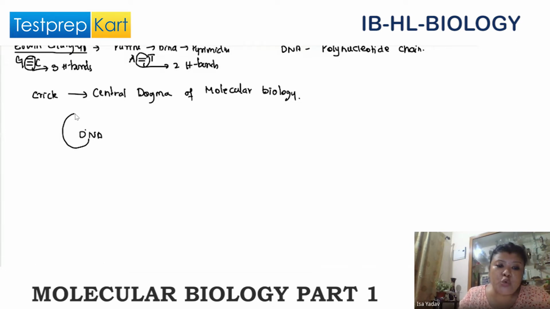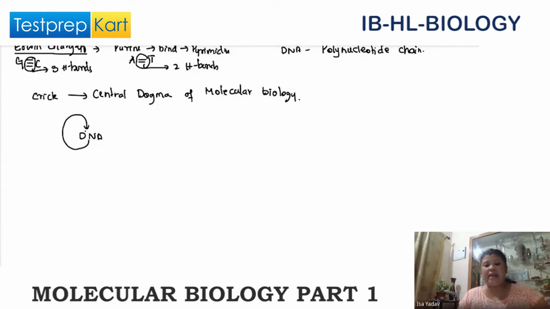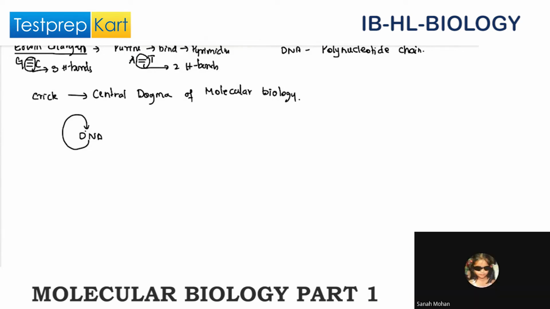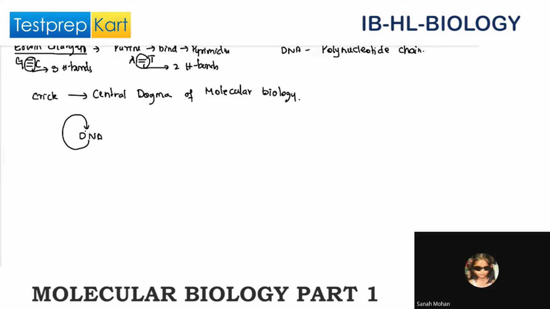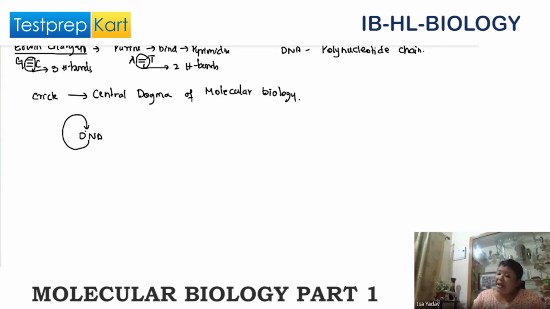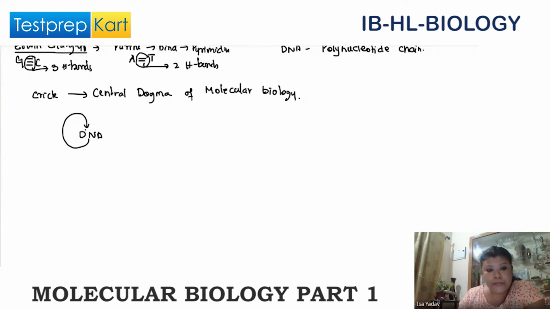is able to self-replicate. What do you understand by the word replica? Like a clone of itself, the same form of its kind. A clone. So DNA is able to form its own replica.